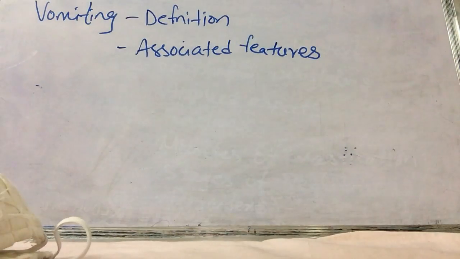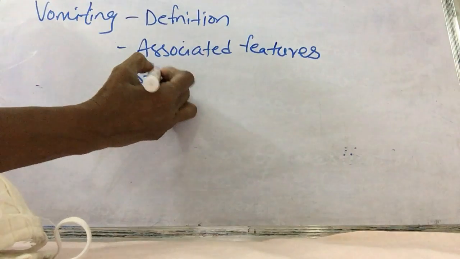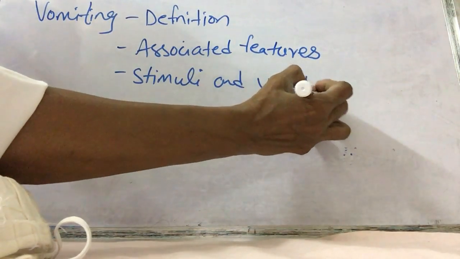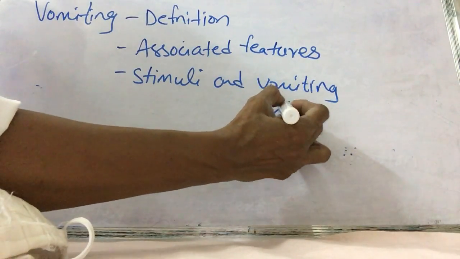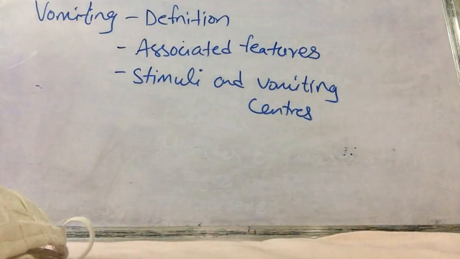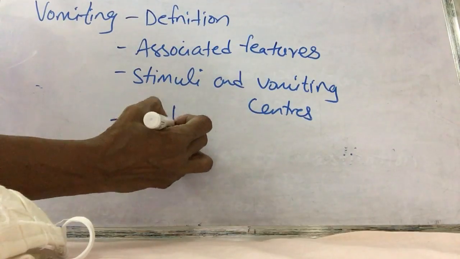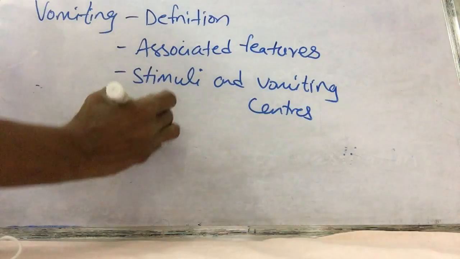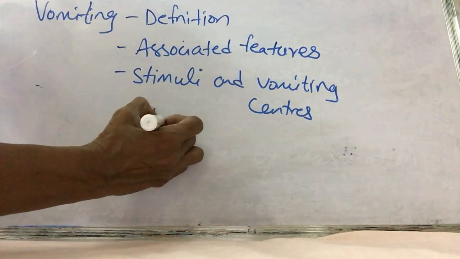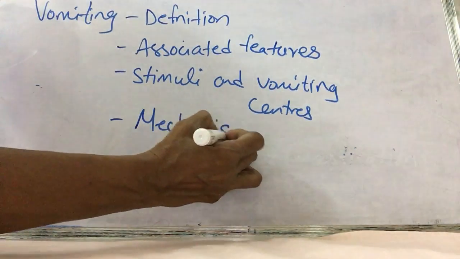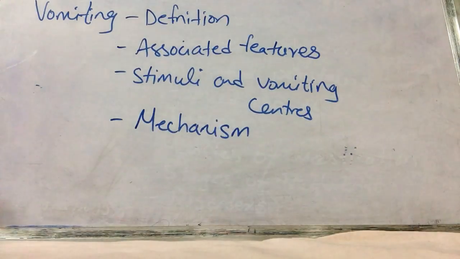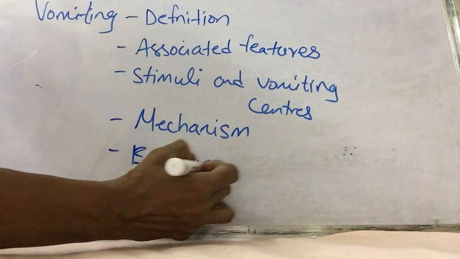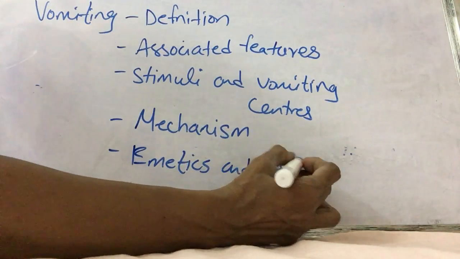Associated features, stimuli and vomiting centers, and mechanism of vomiting, and lastly the emetics and antiemetics.